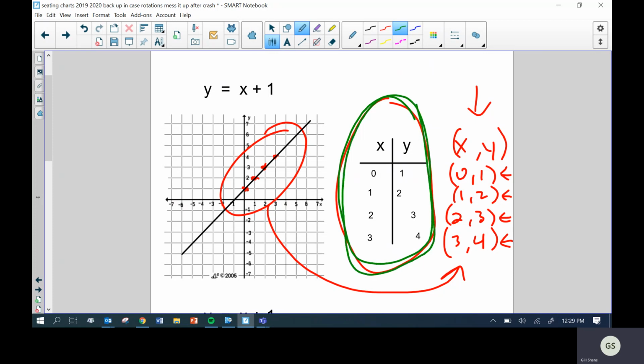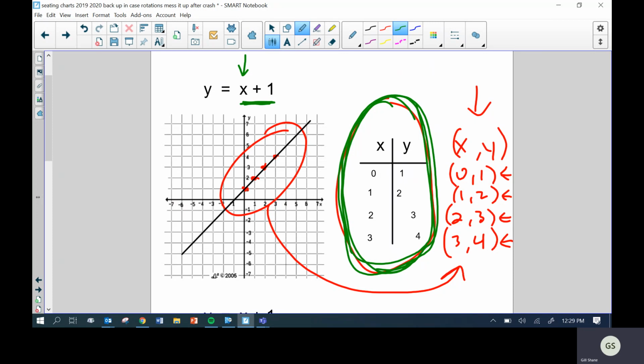The way we found those is we just plugged in a value for x, and then we did the math right here, x plus 1, and that gave us the value for y. That's how we found all of these values right here that I'm circling. And then we just put those values on the graph, and sure enough, they lined up and looked like a line because they all follow the same pattern. Every time you're just adding 1 to the value that x is.